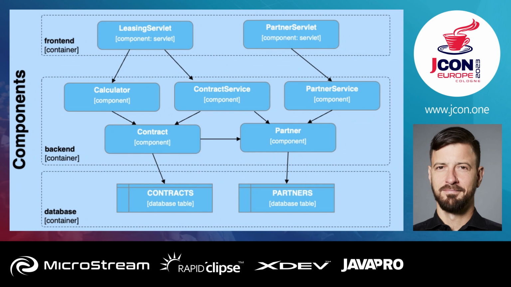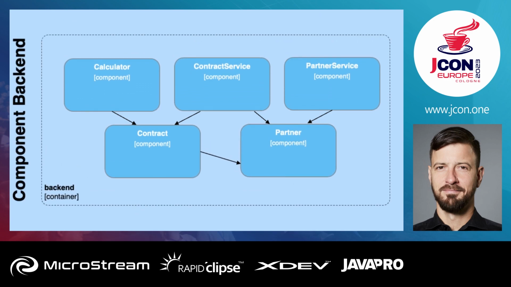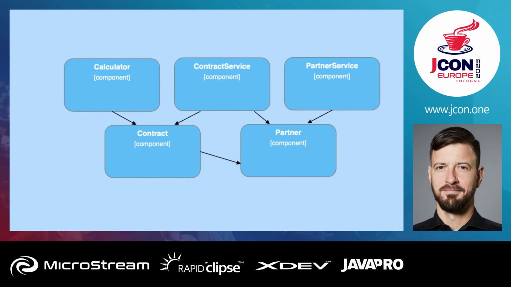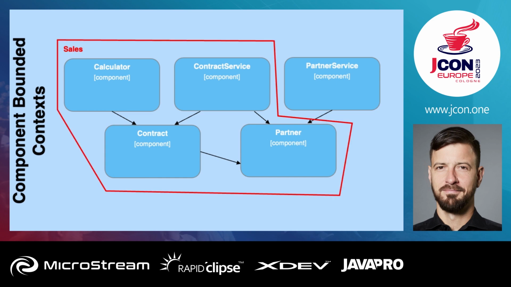So let's try to map these 2 ideas on each other. So this is the as-is architecture, and how can we map our context map on this? So let's start with the back end only, because that's hard enough. And let's try to find our contexts inside of this. So let's start with sales.